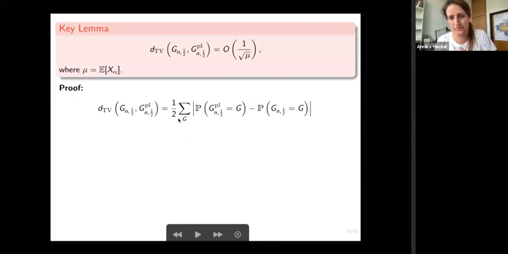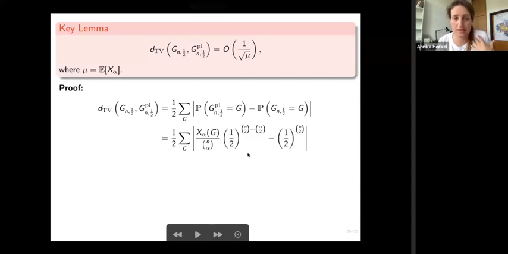So we have the sum over all possible graphs on n vertices, and we subtract the probability that the first model comes out as exactly this given graph and the probability that G(n, 1/2) comes out as exactly this given graph. And you can write these things down exactly. So let's start here. This probability is just given by 1/2 to the n choose 2. So every edge has to come out as present or not present in the right way.